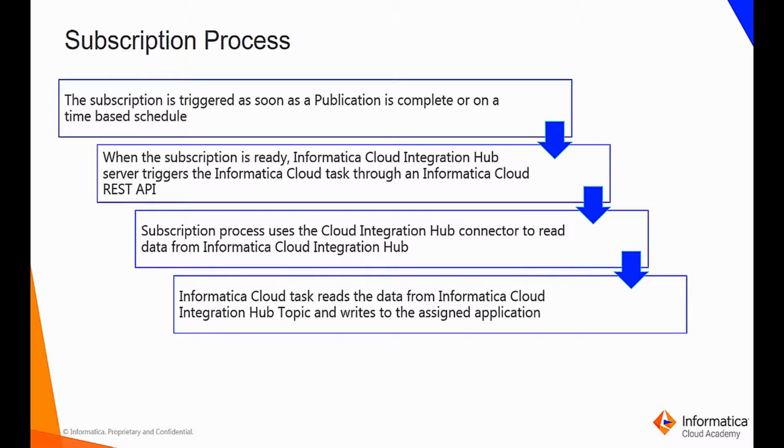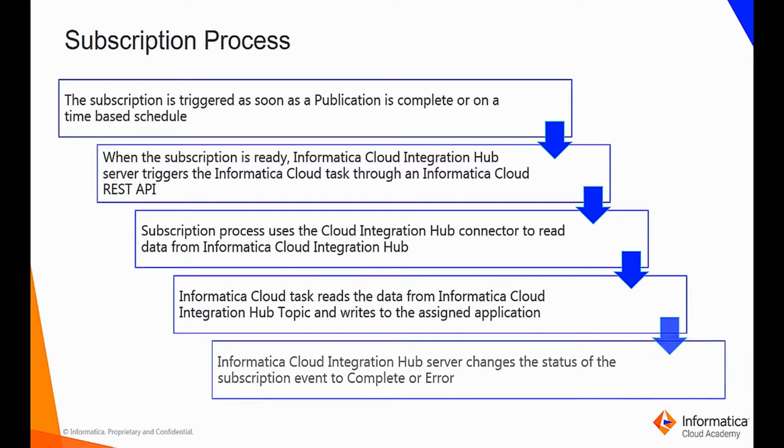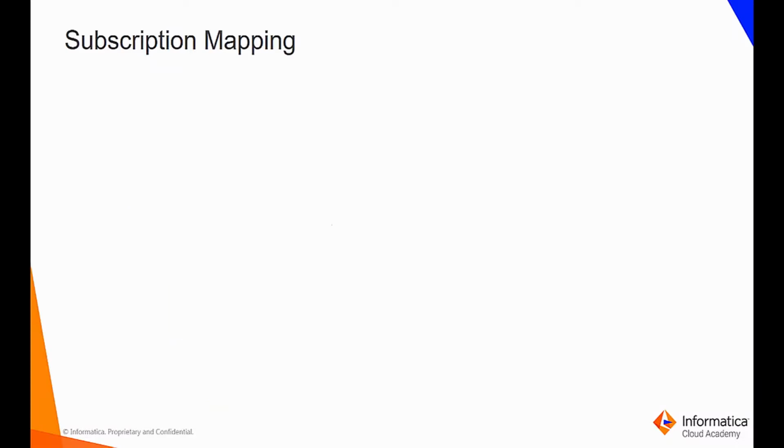The Informatica Cloud task reads data from Informatica Cloud Integration Hub and then writes to the assigned application. Subscription can load data to cloud or on-premise target application that Informatica Cloud supports. At the end, Informatica Cloud Integration Hub server changes the status of the subscription event to complete or error.